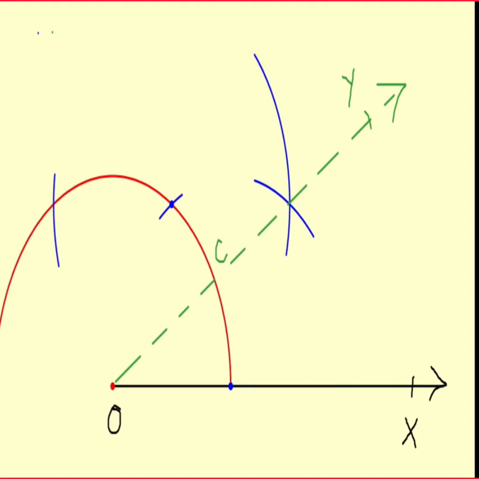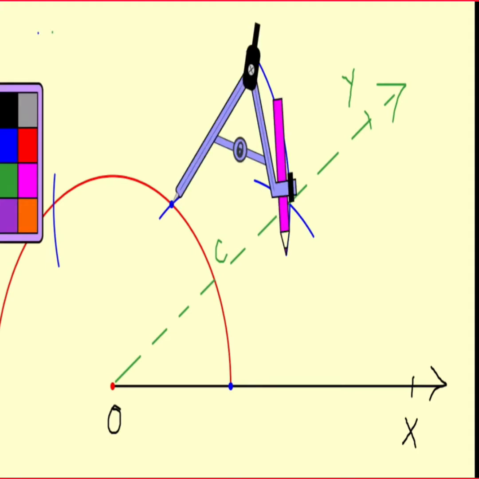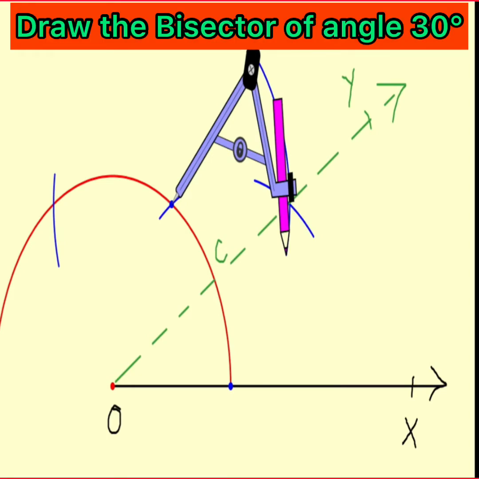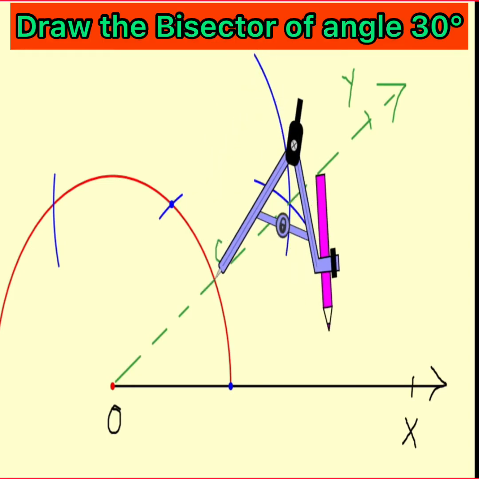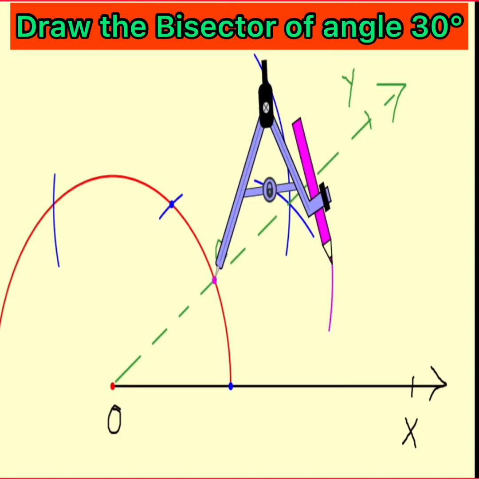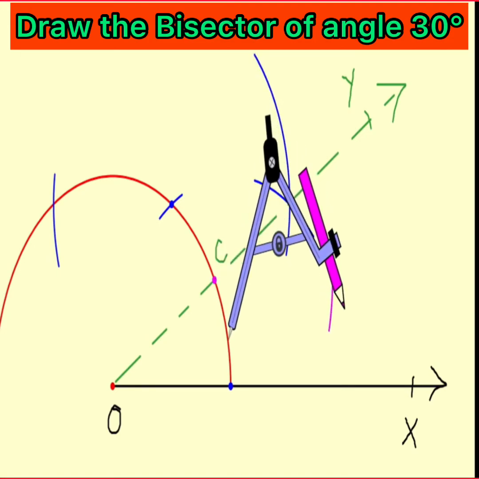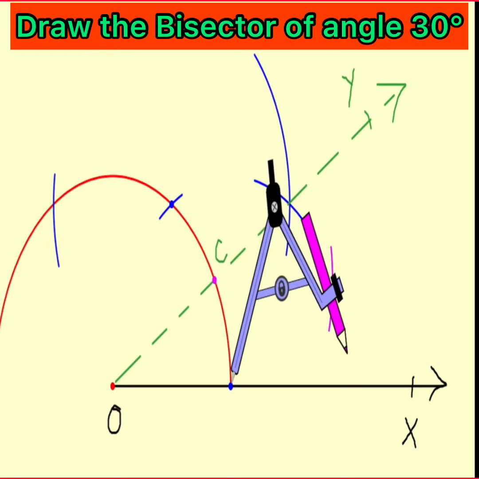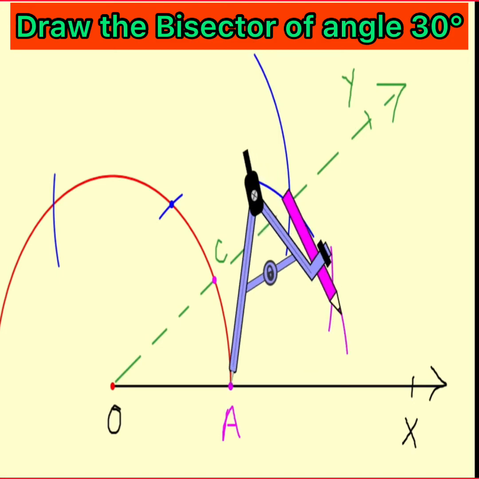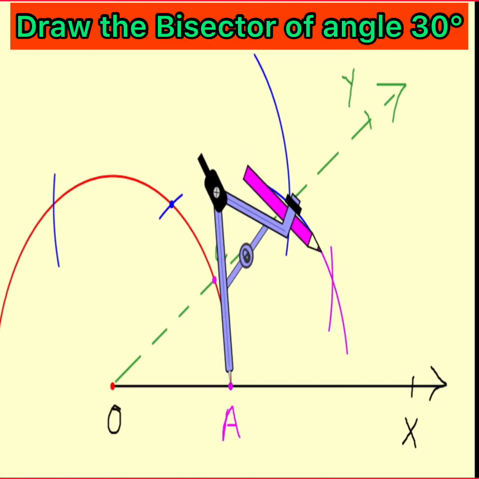Now again you will take the compass and placing the pointer at C and draw again an arc, you can see just like that, and now placing the pointer at A, you will draw second one arc. These two arc intersect at a point.